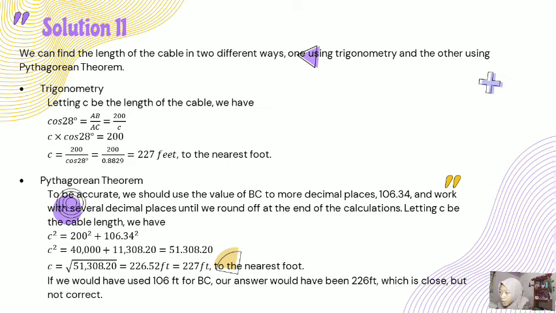So C squared equals 40,000 plus 11,308.20 equals 51,308.20, and so C equals 226.52 feet equals 227 feet to the nearest foot.